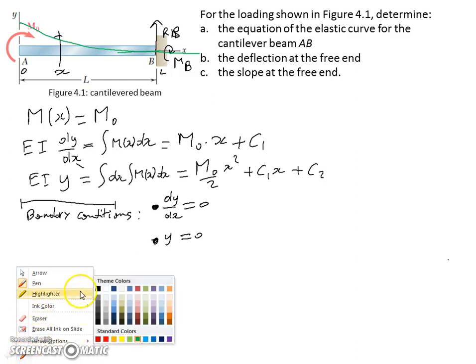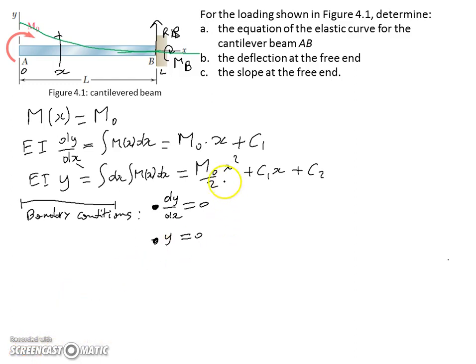They allow us to resolve the integration constants. So 0 equals, now that gives us M0 times x plus C1 equals 0, and that is equivalent to C1 equals, not xL of course, C1 equals minus M0 times L. Okay, fantastic.